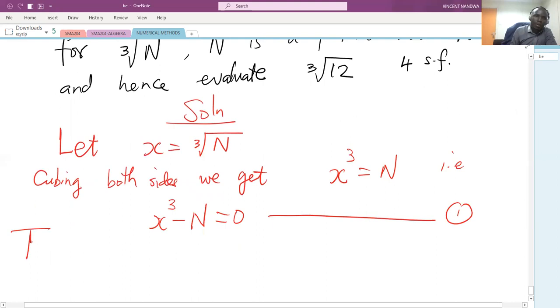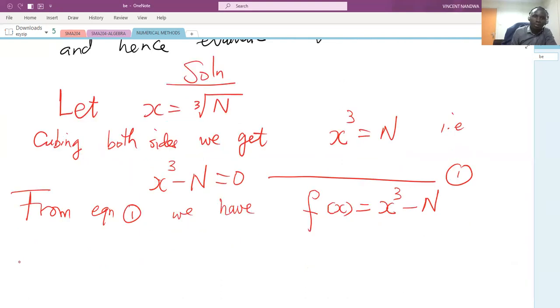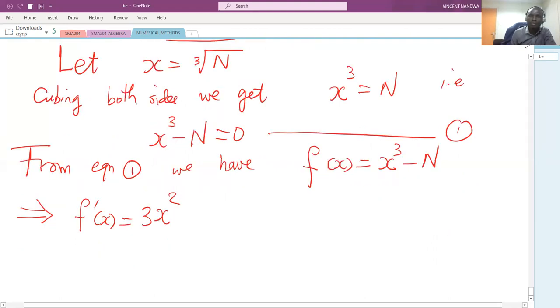From equation 1, we have that f of x is given by x cubed minus n, which means the derivative f prime of x, remembering n is a constant, is 3x squared. The derivative of minus n is 0. Let's call this pair 2.